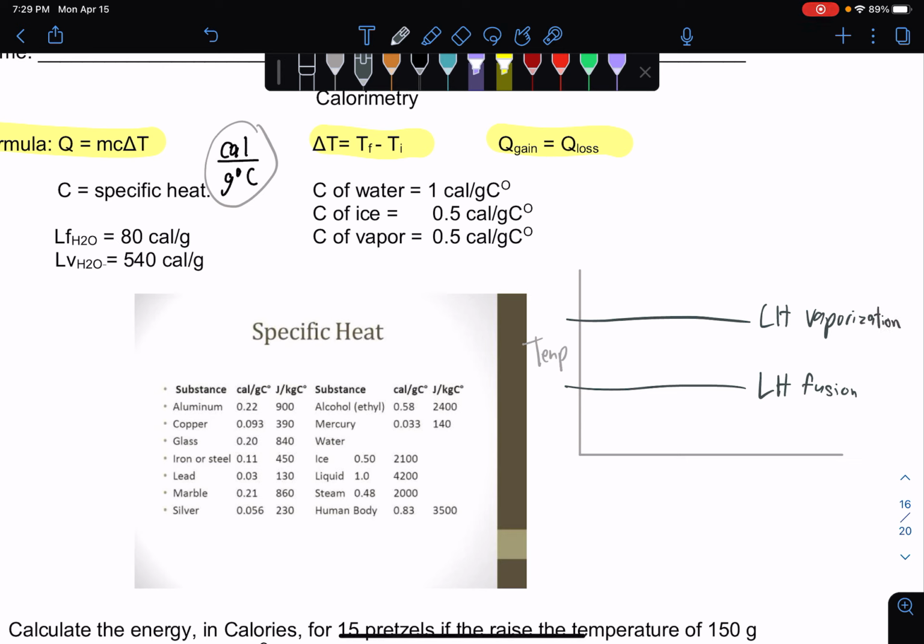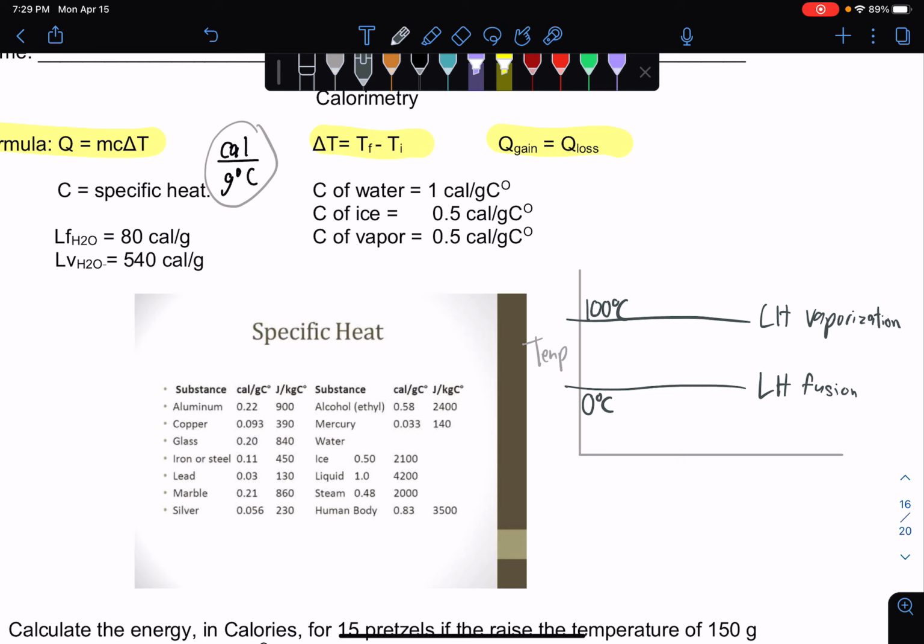Regarding water, it starts to melt at 0 degrees Celsius, and once it becomes liquid, it is capable of turning into gas or water vapor by the time it reaches a temperature of 100 degrees Celsius.